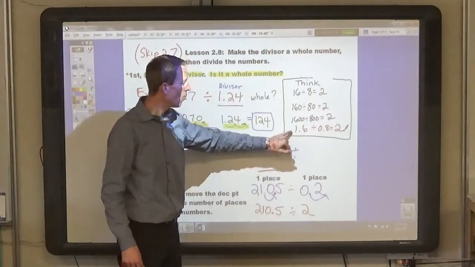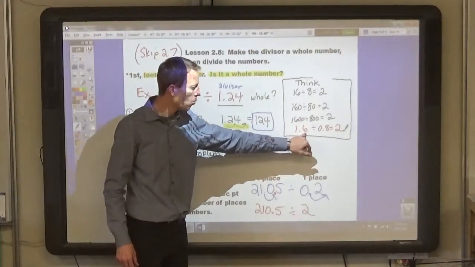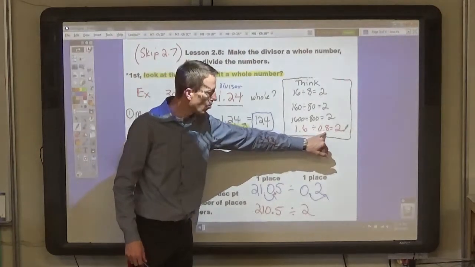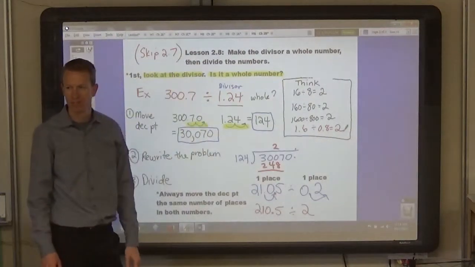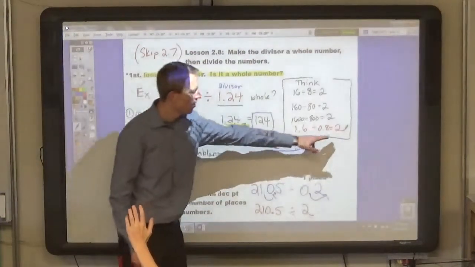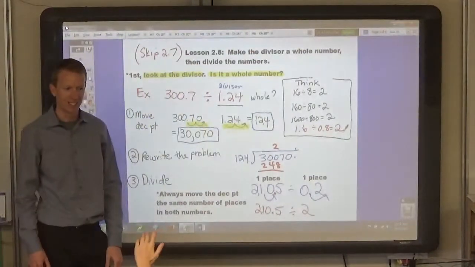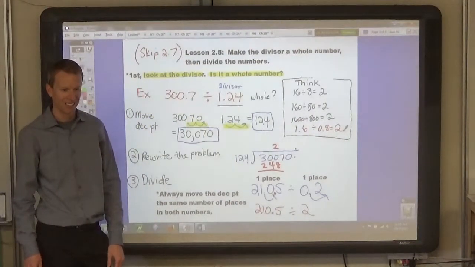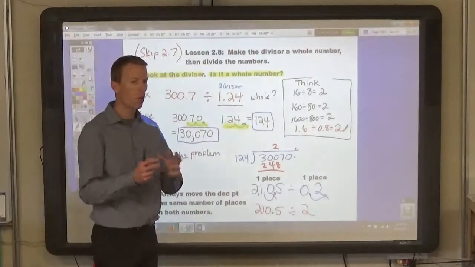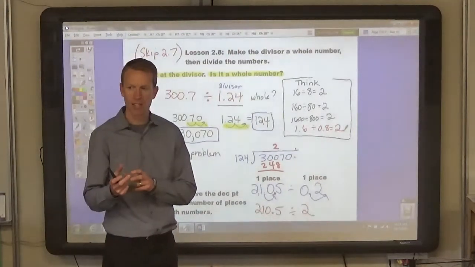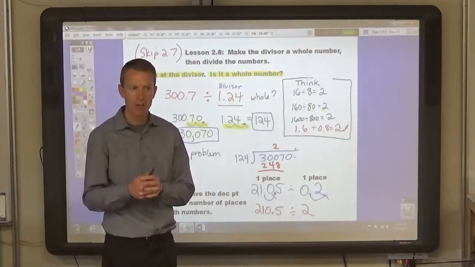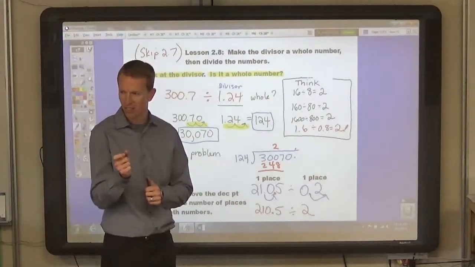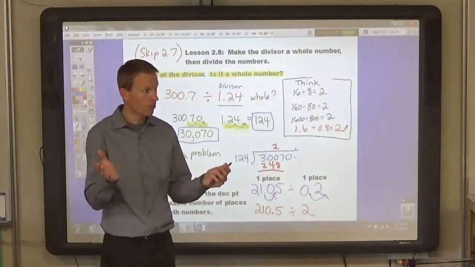Well, what if we have this problem? 1.6 divided by 0.8. That's also 2. Yes, it is. Because if you have 1.6 of something, and you make groups of 0.8, it's also 2.